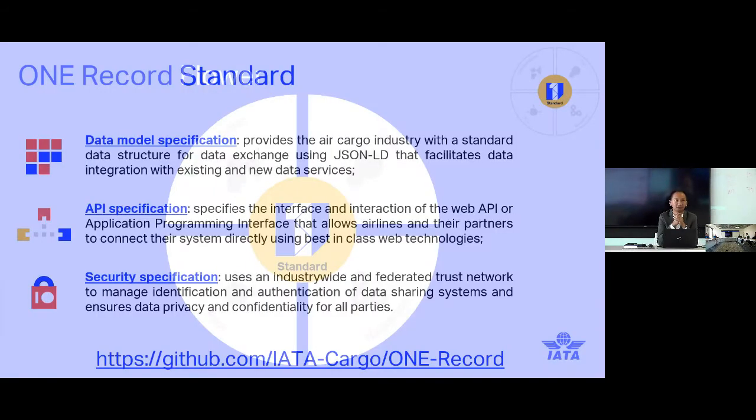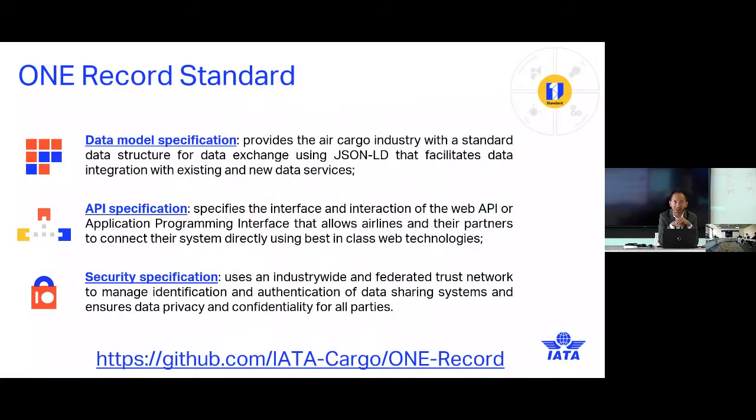So the standard is composed of the data model specifications that provide the industry with the standard structure and data exchange using JSON-LD. And this is what will define the air cargo catalog, or the common language that everyone needs to speak. Then we have the API specifications, and this will specify the way the different stakeholders can interface and interact through web APIs with the different parties.